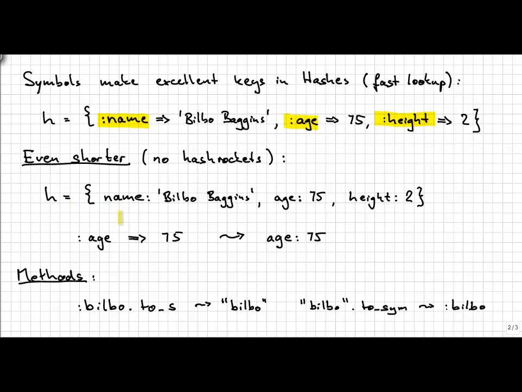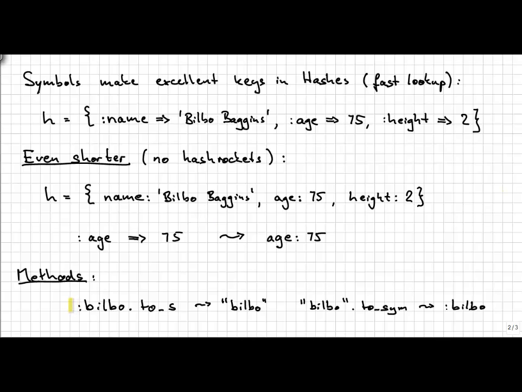Instead of using the hash rockets, we can simply flip the colon to the end of the symbol, and this replaces the mapping, let's say here from :age to 75 using the hash rocket. We can rewrite this using age: 75. So here in this hash we see name: "Bilbo Baggins", meaning that we map the symbol name to the string Bilbo Baggins, and similarly for age and height.